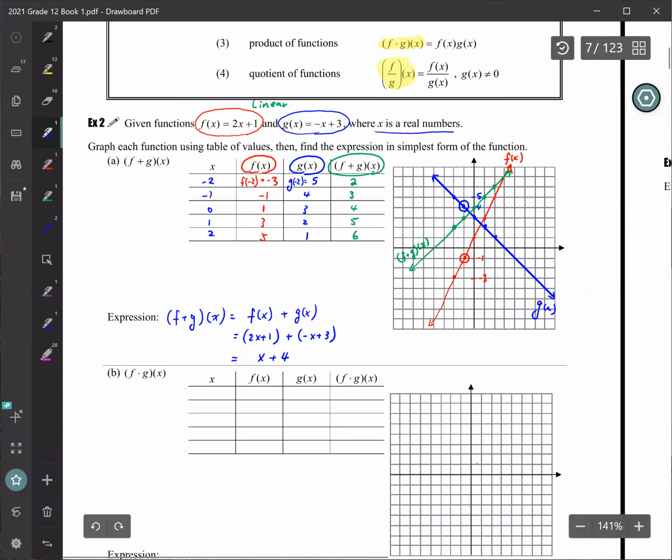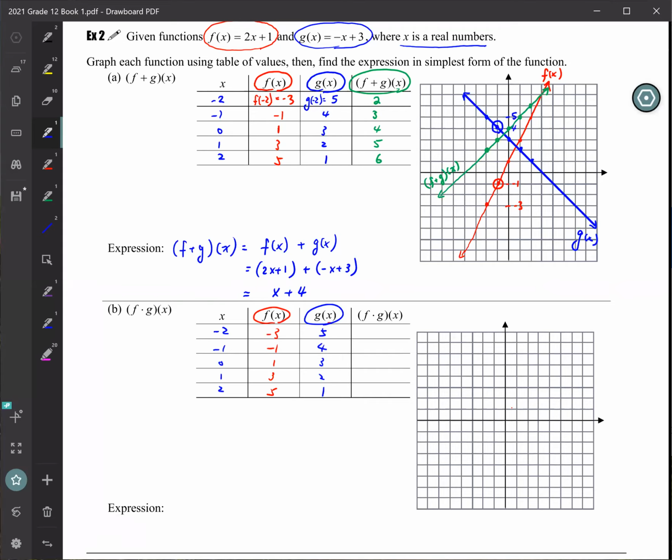We're going to do the same thing for multiplying. This time we can do it a bit faster. For f and g, they are still the same, so we'll just quickly copy the points because they are the same. -2, -1, 0, 1, 2. We'll just copy it down. -3, -1, 1, 3, 5. And then 5, 4, 3, 2, 1.